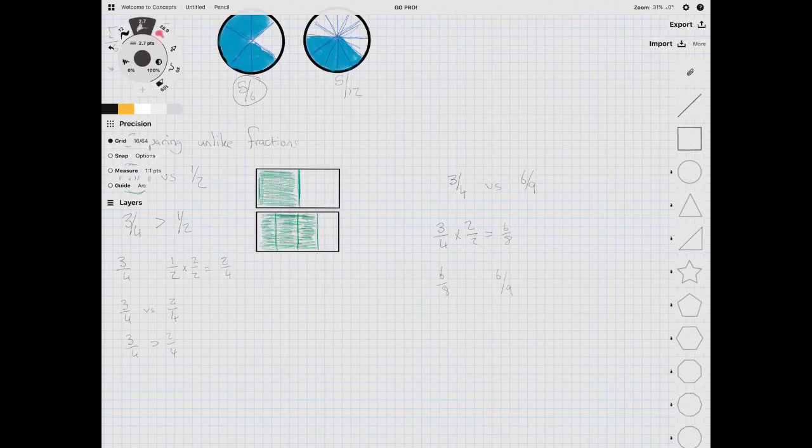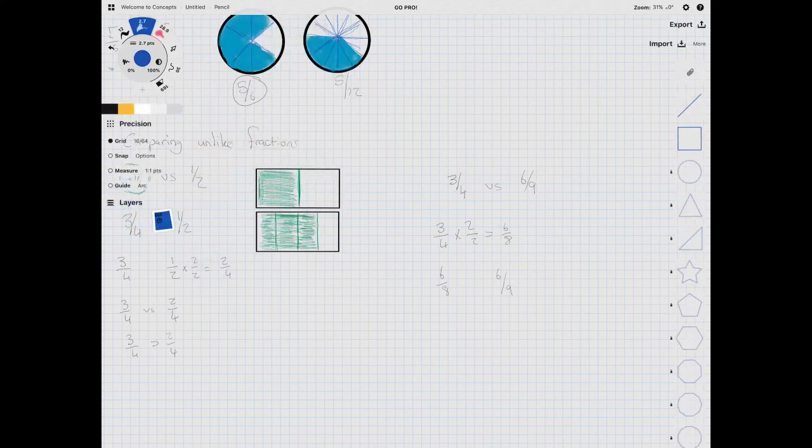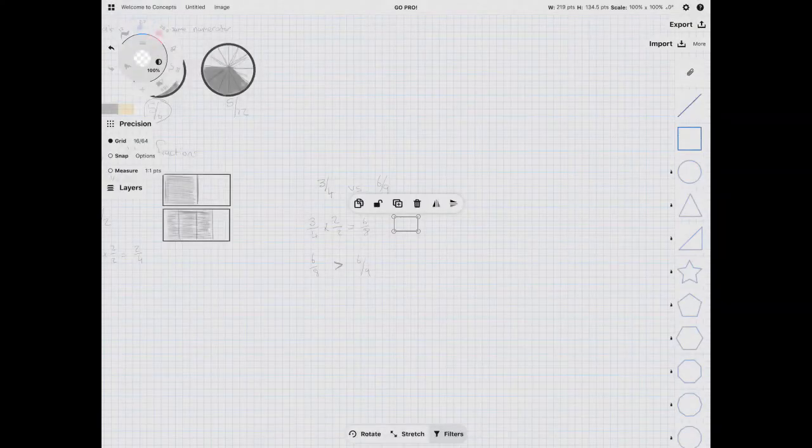It's a small difference between 8s and 9s, but it's noticeable. And so if 8s are bigger than 9s and I have 6 parts of both, that means that 6/8 is going to be greater than 6/9. And we can again show this with our blocks.